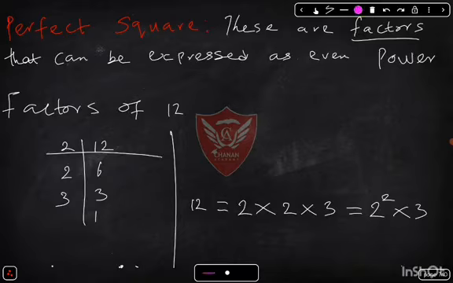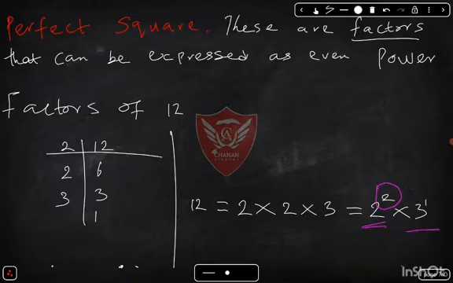So between 2 raised to the power of 2 and 3, you can see that 2 is expressed as an even power, which is 2. Therefore, 2 raised to the power of 2 is our perfect square, while 3 is actually being raised to the power of 1.